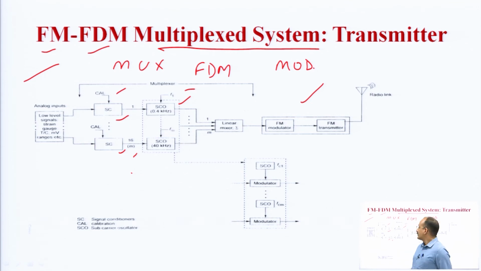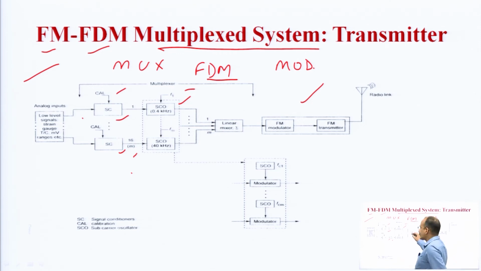We have 16 subcarrier oscillators starting from 0.4 kilohertz to 40 kilohertz. Each subcarrier frequency is going to change the frequency of the incoming sensor signal to a specific region of the frequency division multiplexed channel.